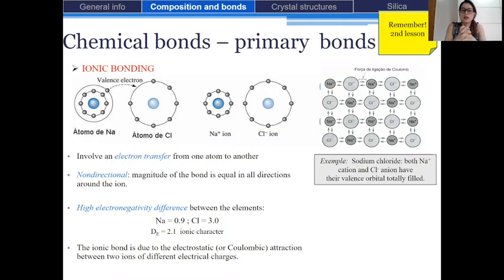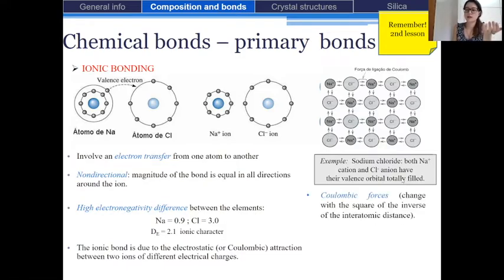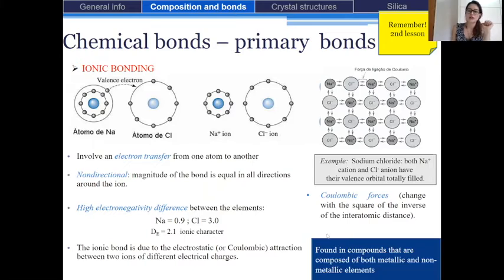And here in this example of sodium chloride, we have Coulombic attraction between the cation made of sodium and the chloride, that is the anion. Okay. And the Coulombic forces change with the square of the inverse of the interatomic distance. So, as we said, ionic bonding will be found in compounds that are composed of both metallic and non-metallic elements.